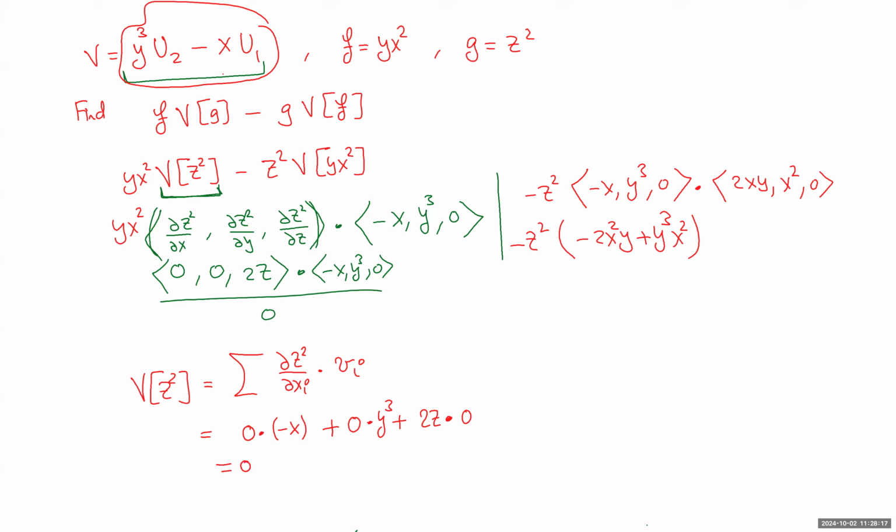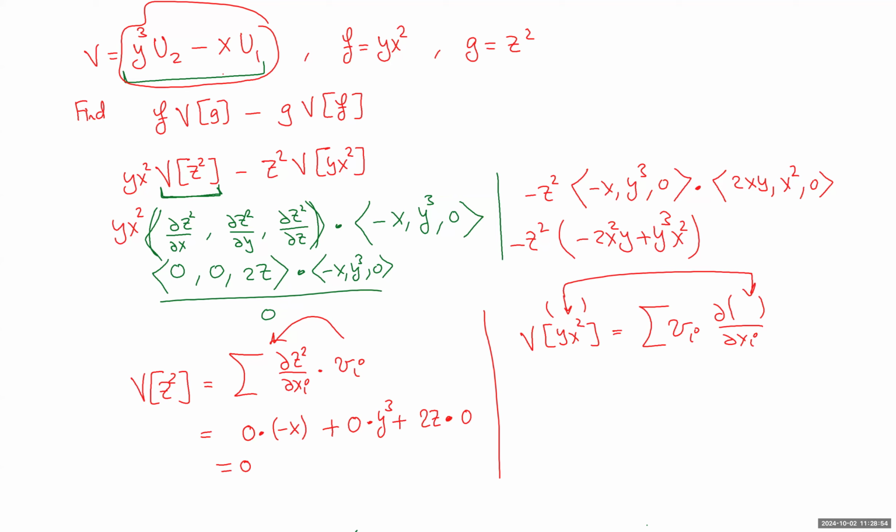Also in the book, they swap these. This is in the beginning. So let's do the other one using the book way. y x squared, this here is v_i, partial of what's inside, partial x_i. And this here is the inside.